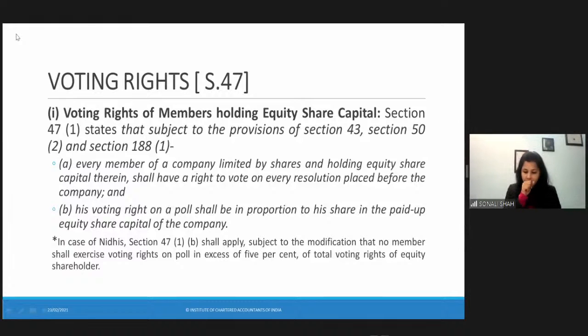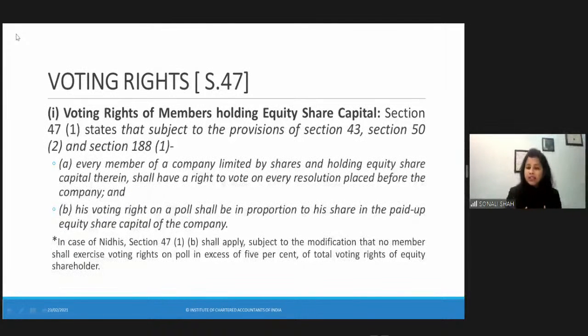Now, the equity shareholders have a right to bonus and rights shares, whereas the preference shareholders do not have a right to a rights issue or a bonus issue. Equity shareholders with DVR also have a right to bonus issue or a rights issue, right? Now, in case of accumulation of dividend, it will depend on what kind of preference share it is.